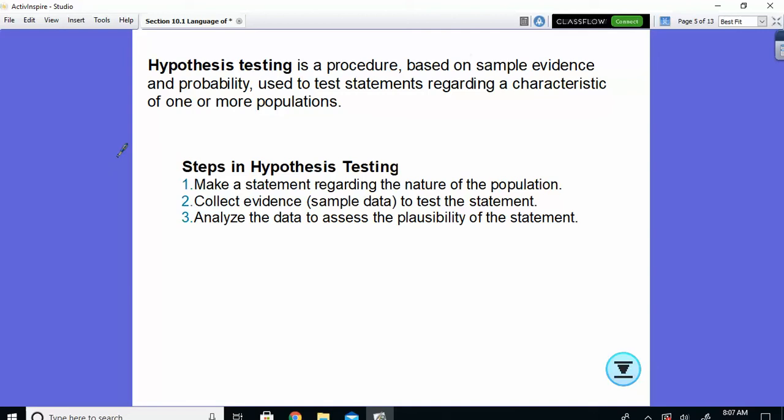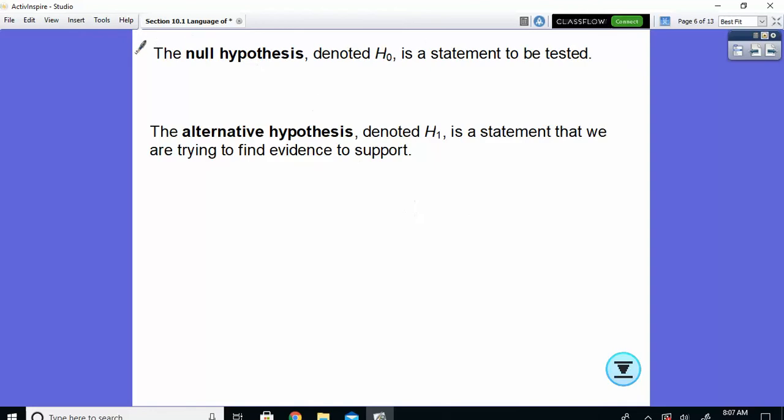Our steps: we will have to make some kind of statement about the population. We'll need to go get our evidence, and then we'll analyze the data. Now, you guys aren't actively going to be getting any evidence. I'm going to give you everything we need. So we are going to start in with the two hypotheses.